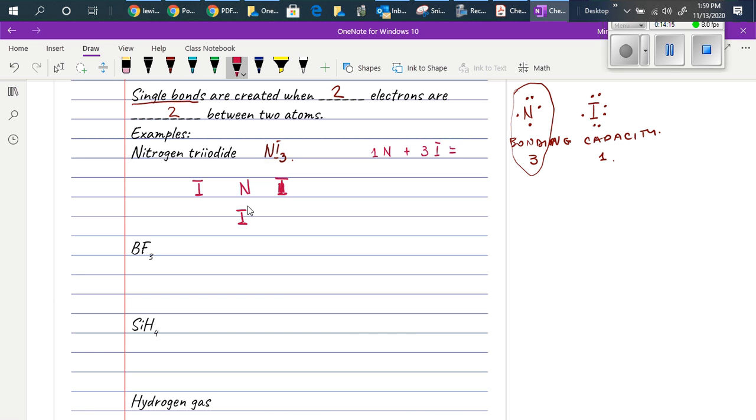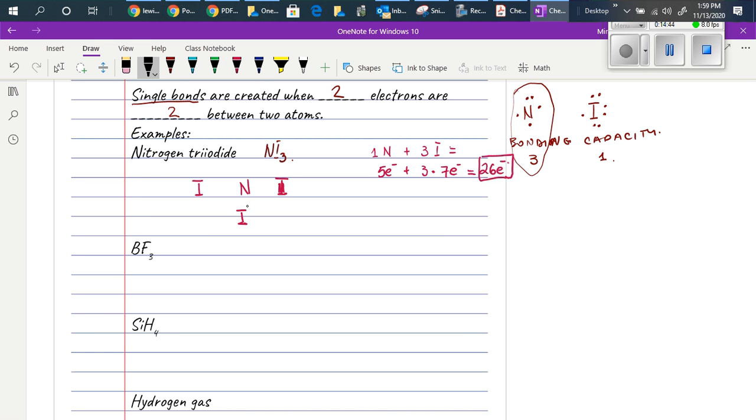Nitrogen has in the outer shell 1, 2, 3, 4, 5 electrons, and each iodine has 7 electrons, which in total will give us 26 electrons. Those are the electrons that we have to place in this structure in order to see what the Lewis dot diagram of this compound is.